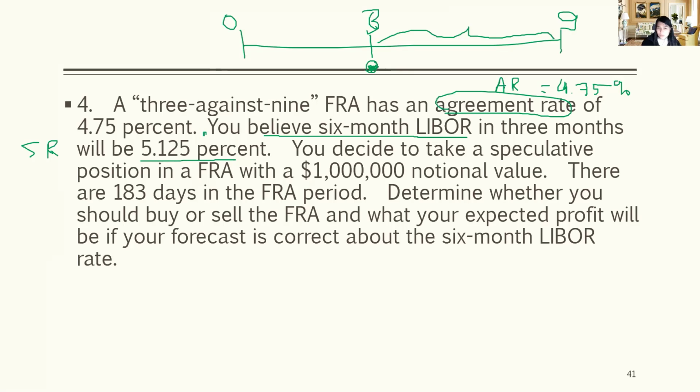That means in 3 months' time, you think that over this period you can earn an interest rate of 5.125. Okay. So this corresponds to the same FRA period, which is the appropriate rate that you can use for the settlement rate.